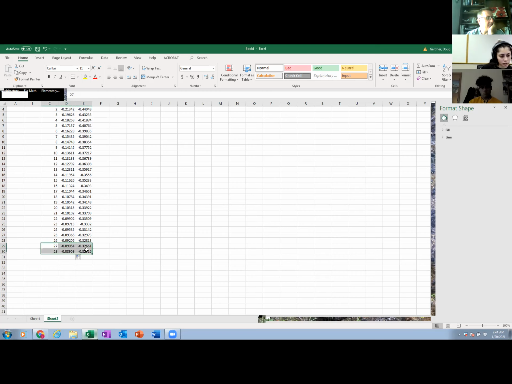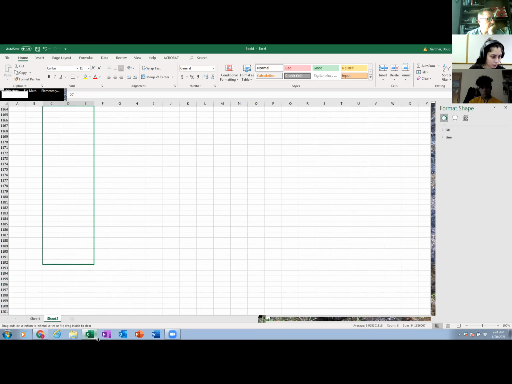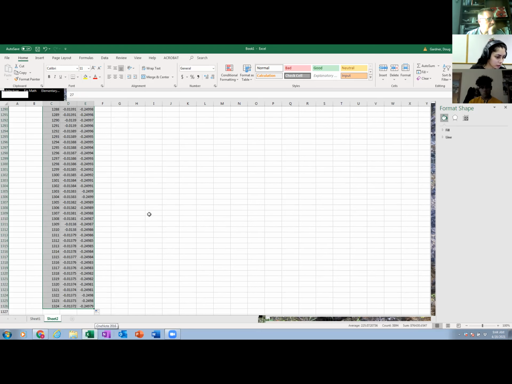If I grab these and drag it down, the individual terms are getting smaller and smaller, which makes sense. But it looks more like it's on the way to -1/4. It doesn't look like it's on its way to negative infinity.